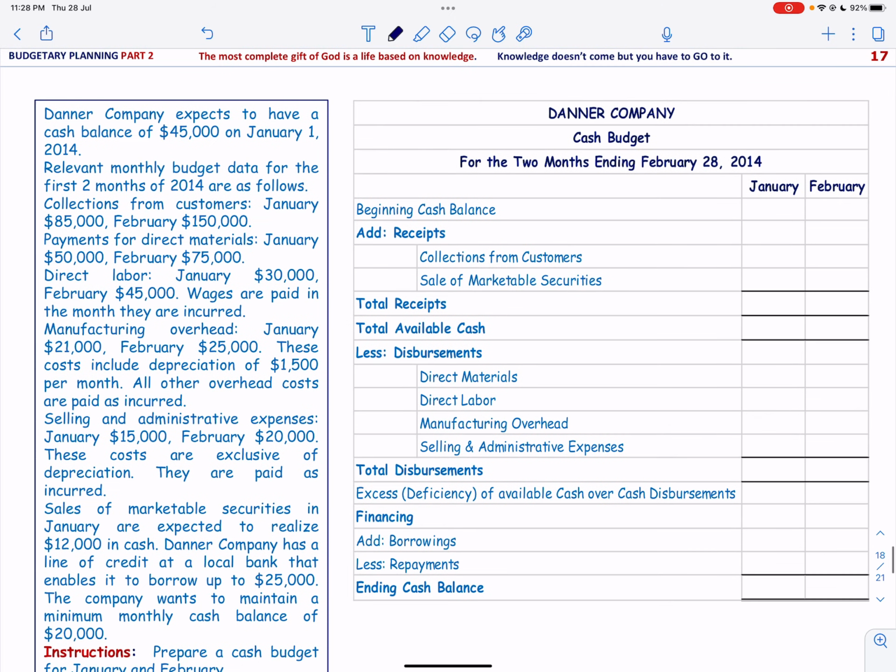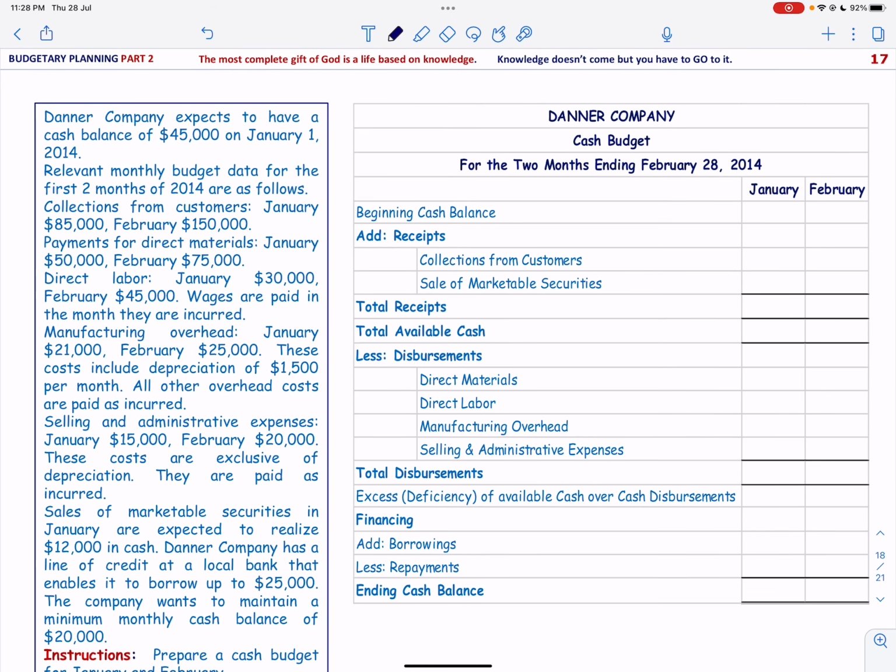Denner Company expects to have a cash balance of 45,000 on January 1. So we have a cash balance of 45,000. Relevant monthly budget data for the first 2 months of 2014 are as follows. Collection from customers for January is 85,000, and for February it is 150,000.